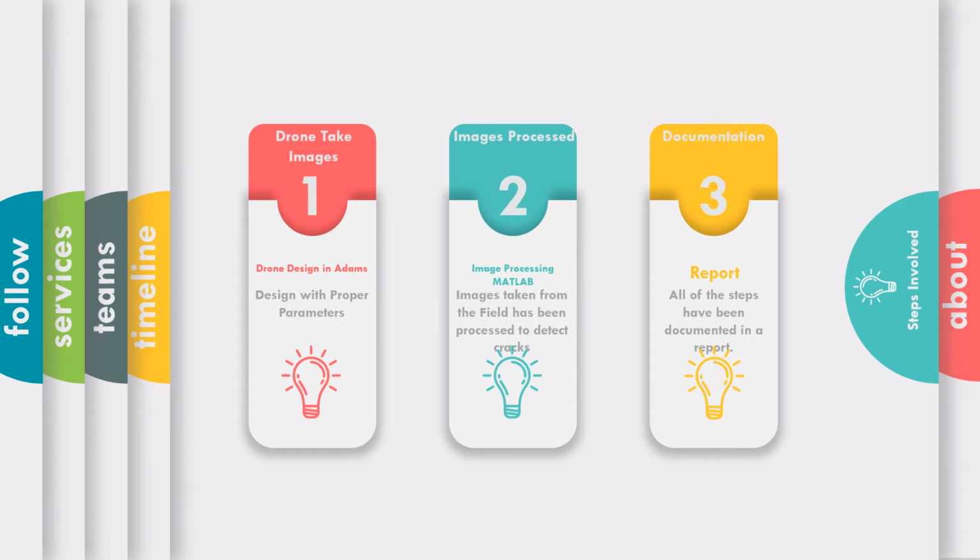The computer will analyze these images and decide whether they contain a crack or not. For image processing, we will use MATLAB. In the third step, we will document all these steps in the form of an engineering report, which will be sent to you over Microsoft Teams.